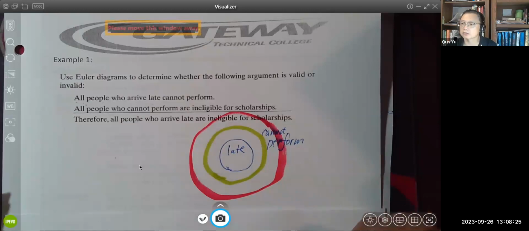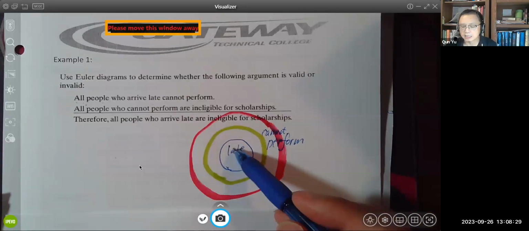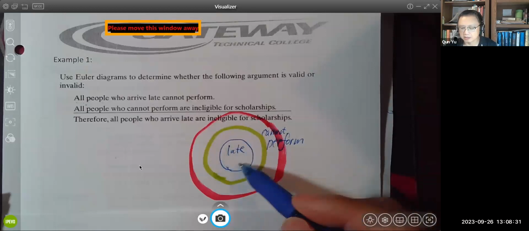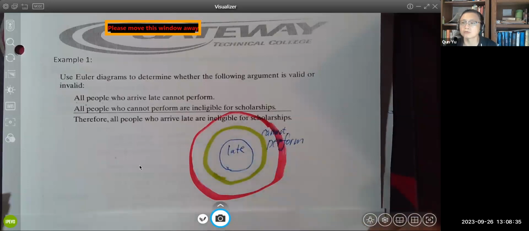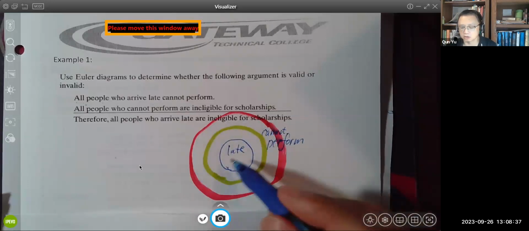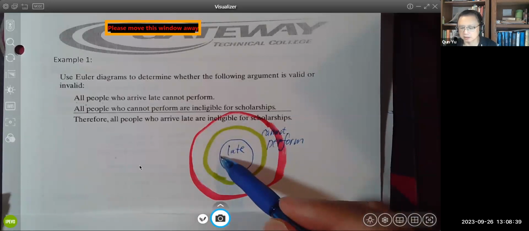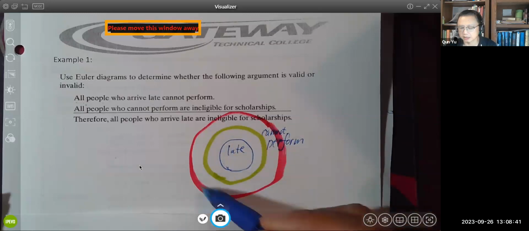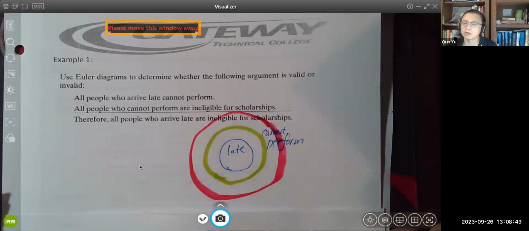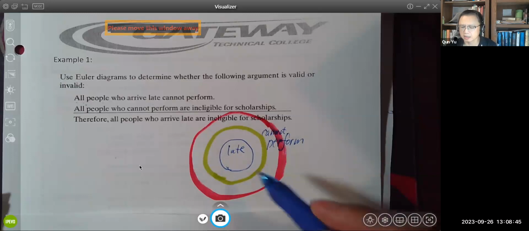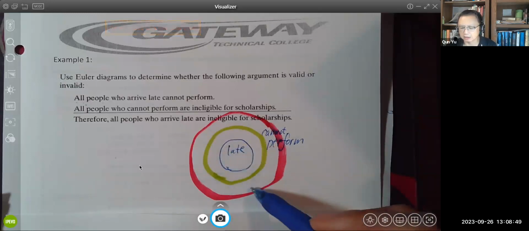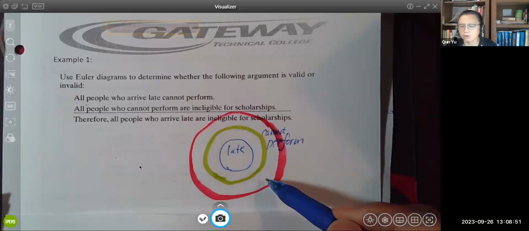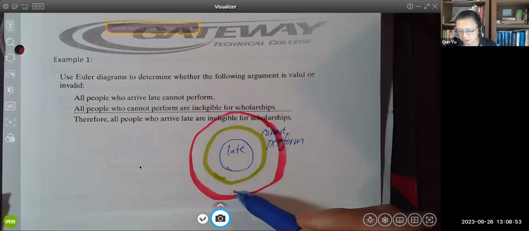Then, after you identify which two circles are involved in the conclusion, you want to state the relation between the same two circles using your own Euler diagram. Since this blue circle is entirely inside the red one, that's our model, all A are B, right? This means all those people who arrive late are ineligible for scholarships.